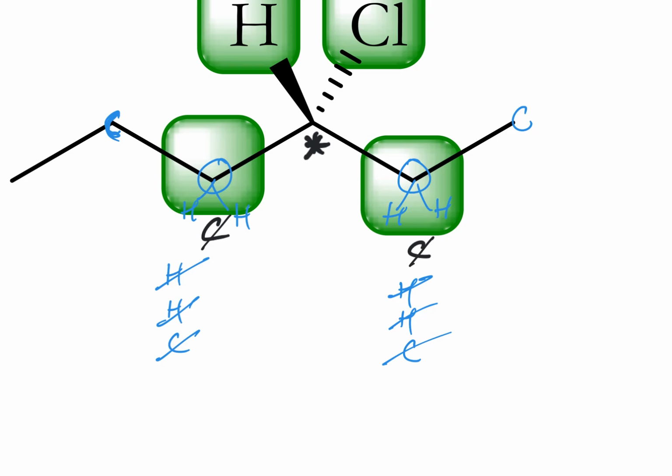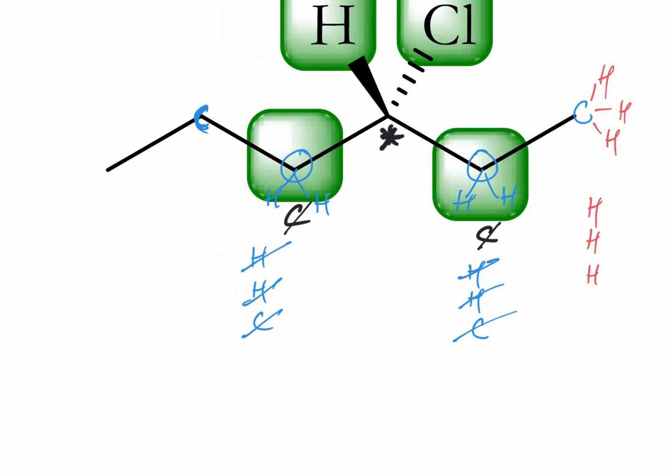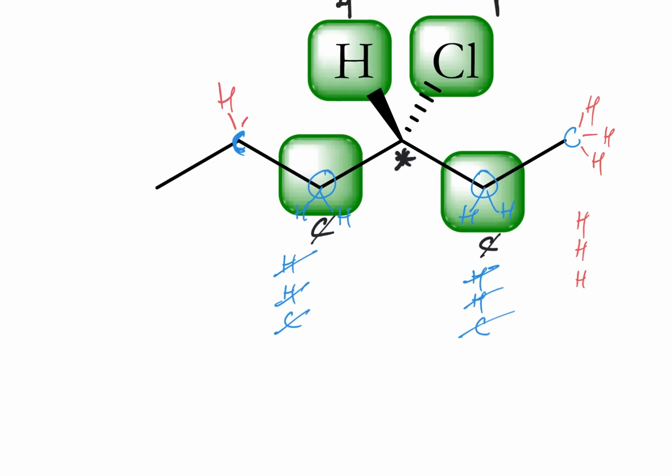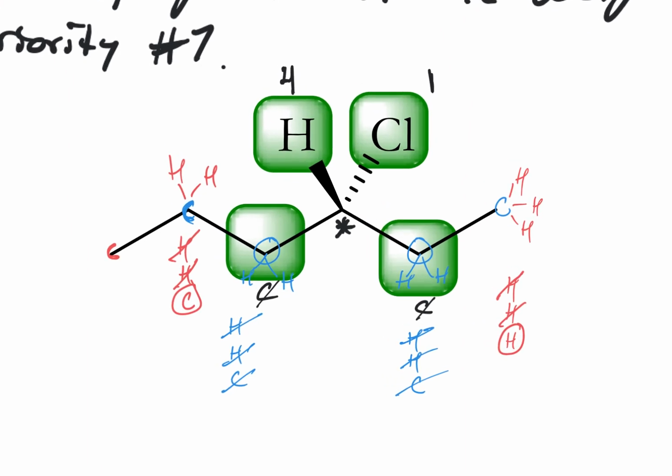Well, off of the blue carbons, the one on the right has 3 hydrogens, H, H, H. The other one has 2 hydrogens and a carbon, H, H, C. So you can see these hydrogens cancel out, those cancel out, and then you have a carbon versus a hydrogen, and that means that group 2 will be over here, and that will make this group 3.